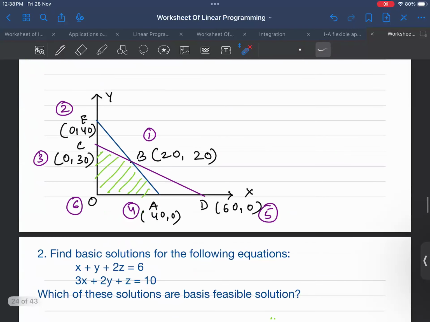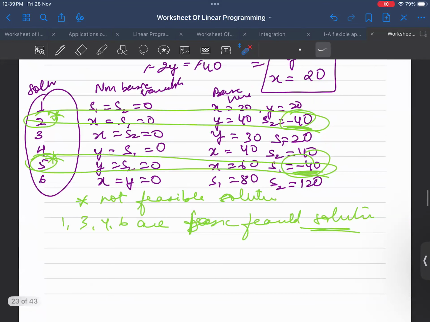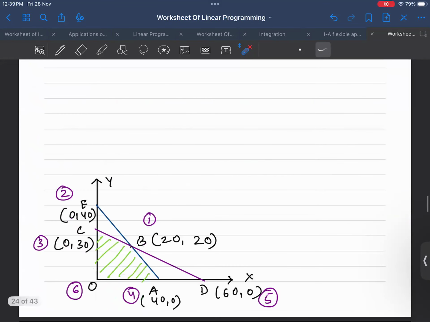Right? So we can make it out. This is the feasible region which I needed. These are my points 1, 2, 4. And you can see this point 3 is out of my feasible region. D is also out of the feasible region. Is it clear? I think its concept is clear, how to calculate it.